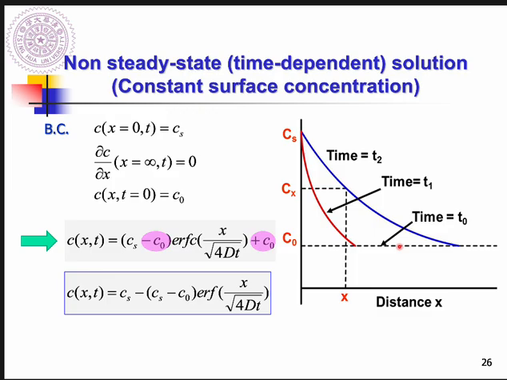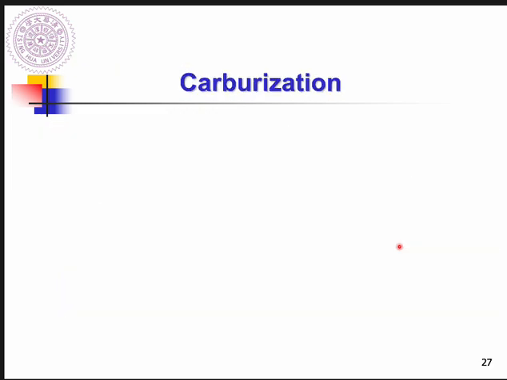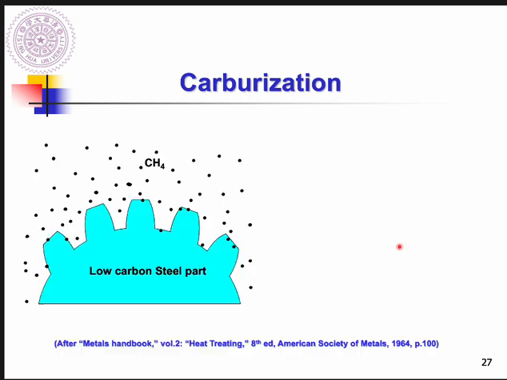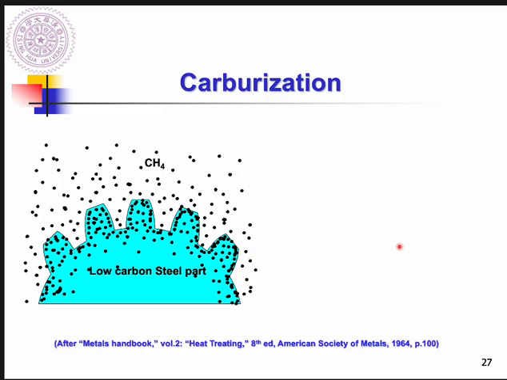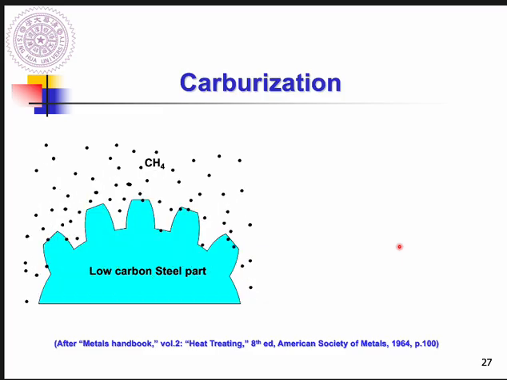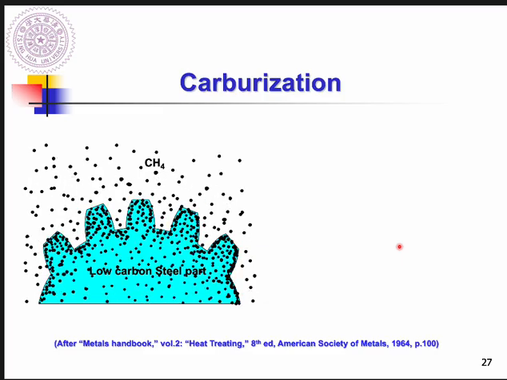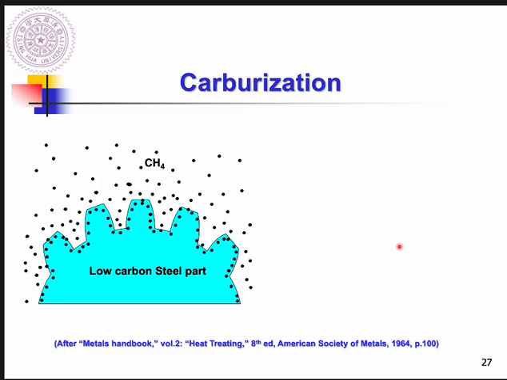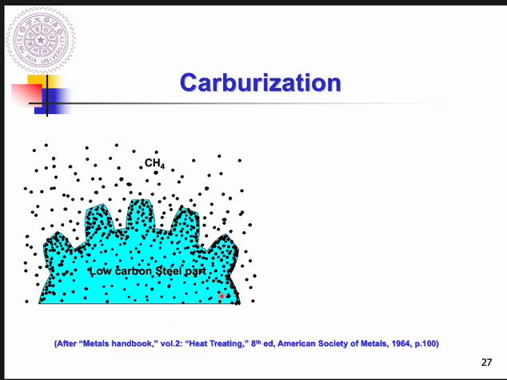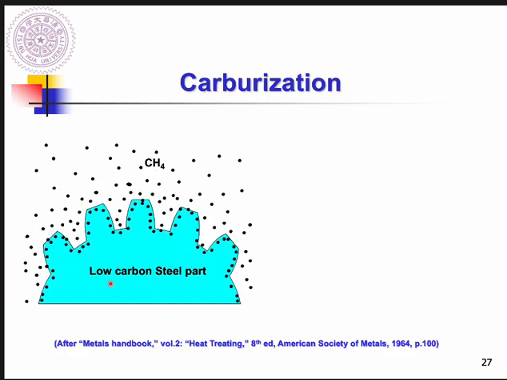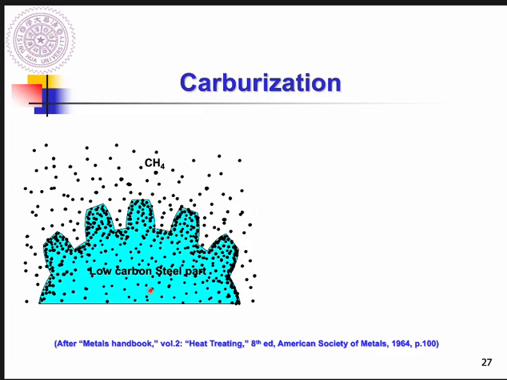Next, I'm going to give you an example to wrap up this part. A famous example is the carburization of steel parts. We have methane thrown into our furnace, and we have a steel part inside with low carbon concentration.